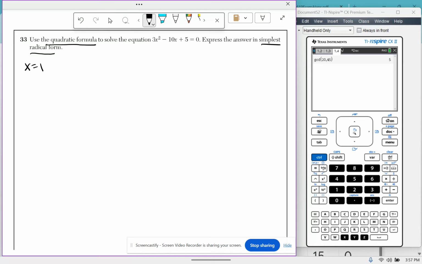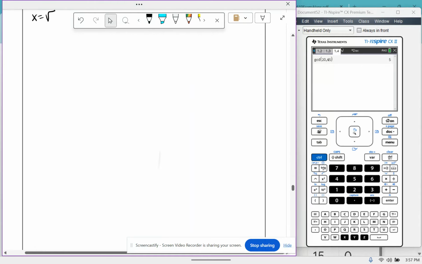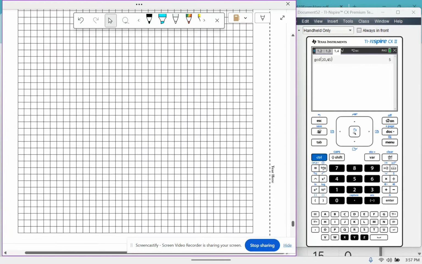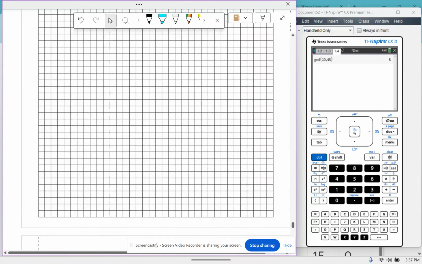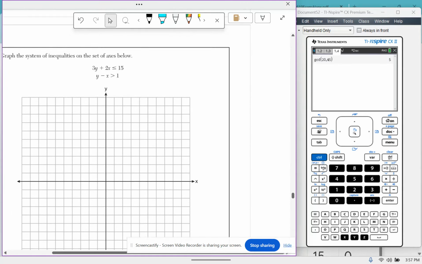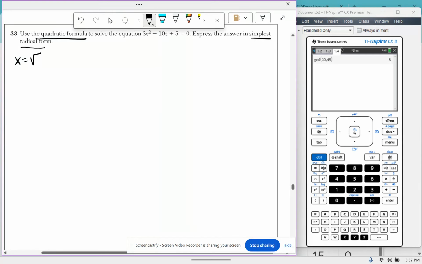And my answers are going to look like x's with some radicals. So let's go ahead and double check how we do the quadratic formula. Remember, if you forget on the day of the test, you have your reference sheet, and it is this. X is equal to negative b plus or minus the square root of b squared minus 4ac all over 2a.